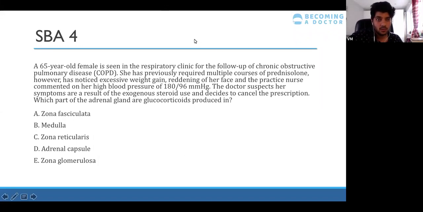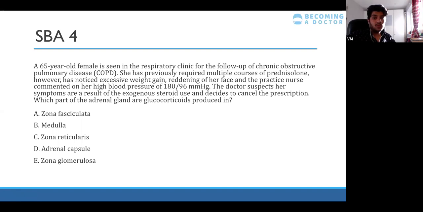And let's put the next poll on. A 65-year-old woman is seen in a respiratory clinic with COPD. Multiple courses of steroids, excessive weight gain, reddening of her face, high blood pressure.